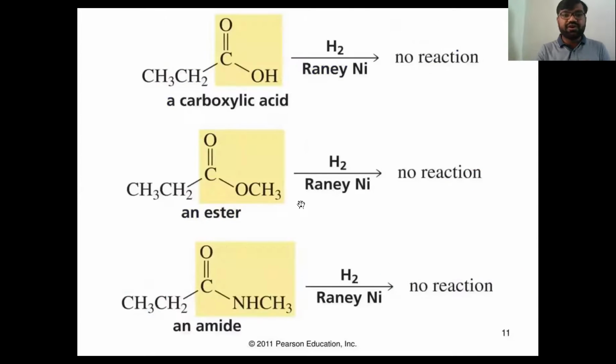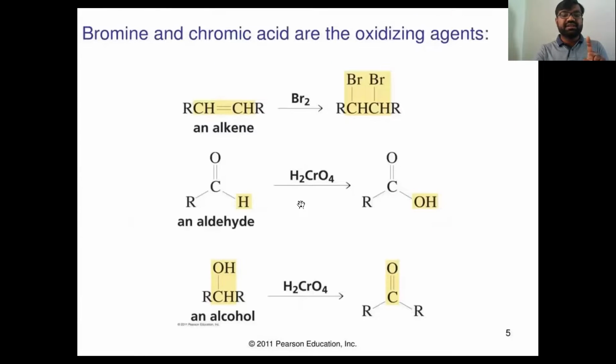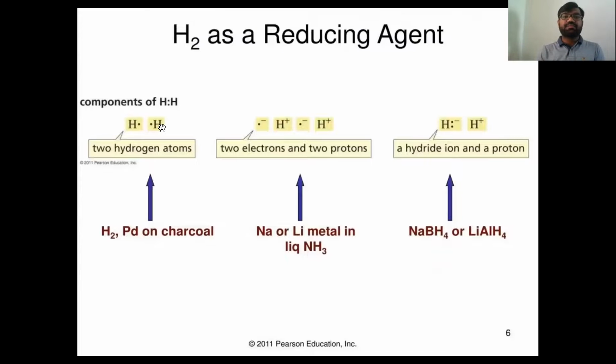Now, these are all reactions which we visited if we consider the hydrogen as a component of two hydrogen atoms having one electron. These are all addition of hydrogen gas.